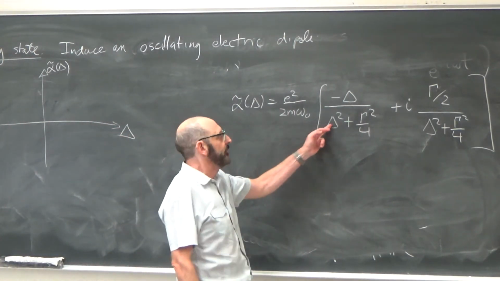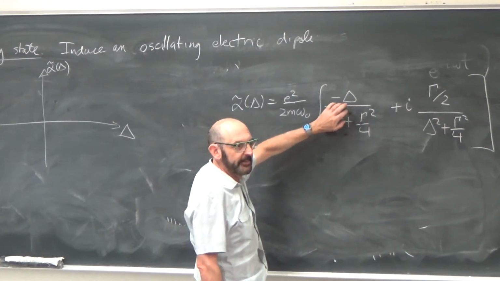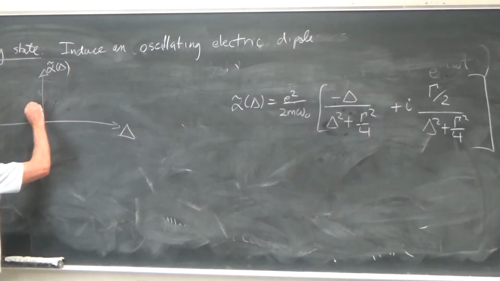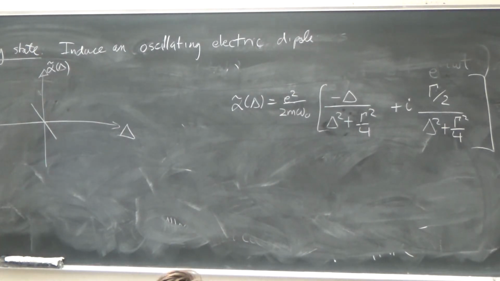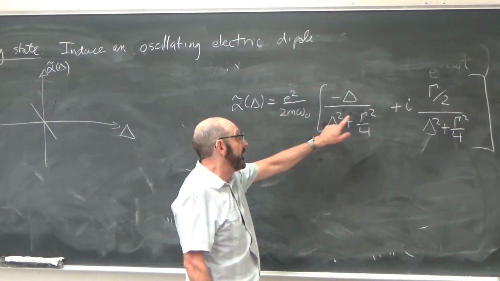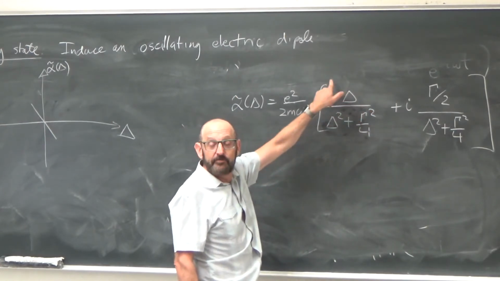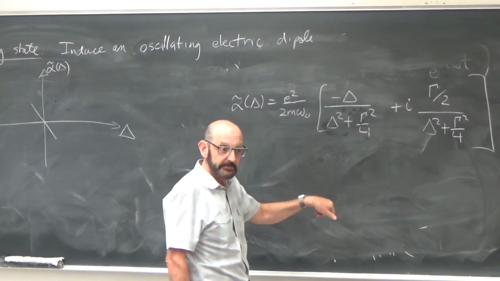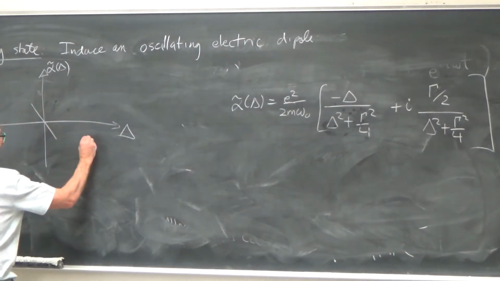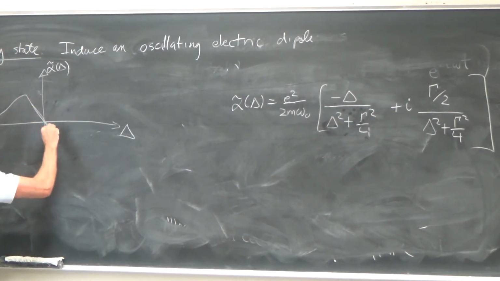When delta is extremely small compared to gamma, the denominator is just a constant, and then this thing just looks like a linear function, right? That goes with a negative sign. And when delta is really, really big compared to gamma, well then I can ignore that. And then it falls off like 1 over delta. So what does it look like? If it's going to do that for short times, then intermediately it should do that.